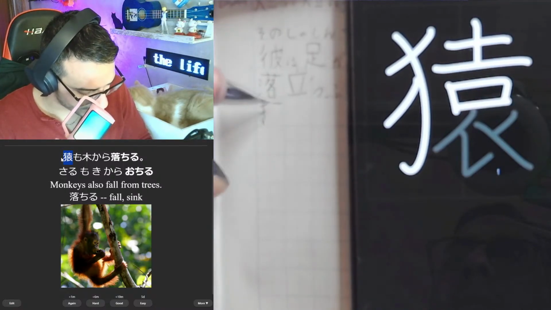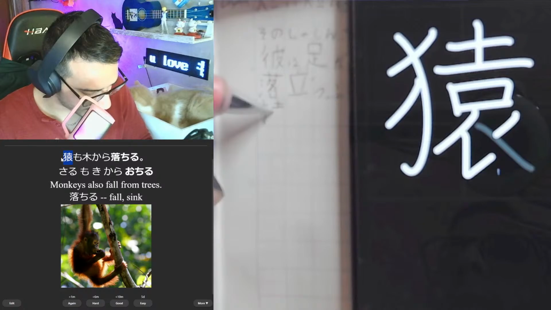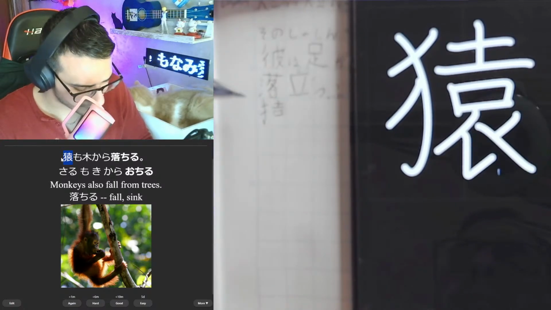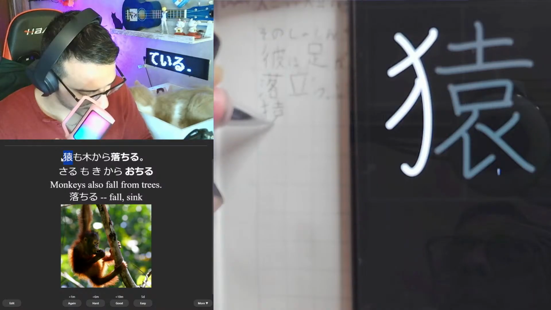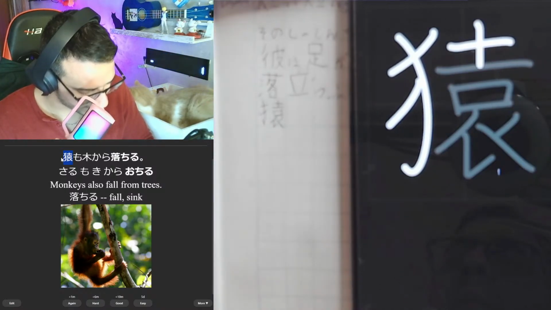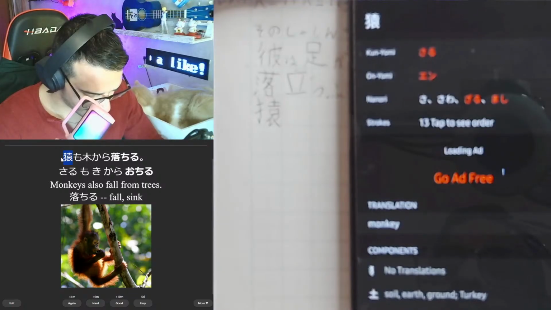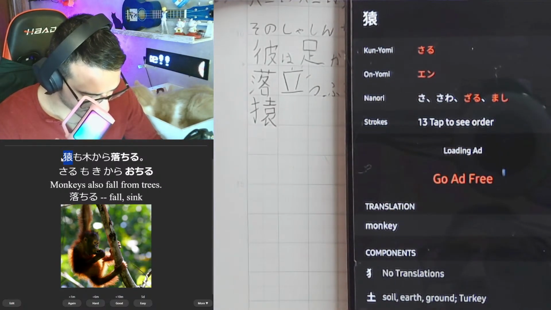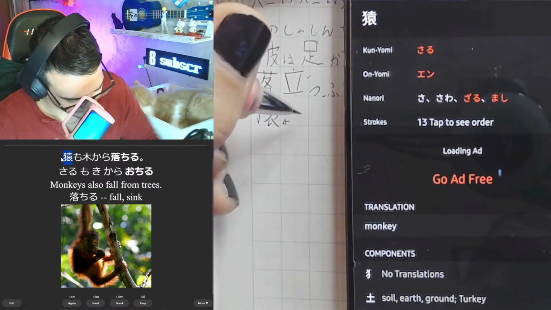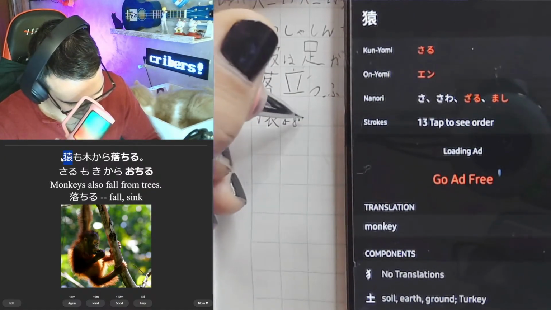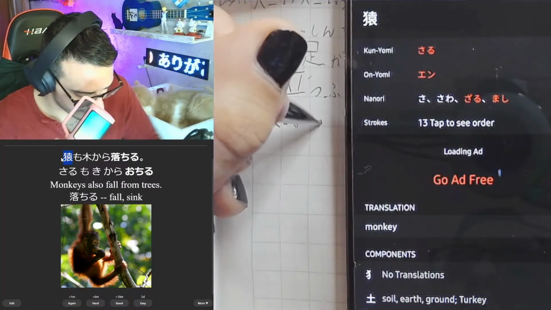This is the ground radical, the mouth as usual, and this part here seems like it's a garment. It looks like the one in taberu, to eat.